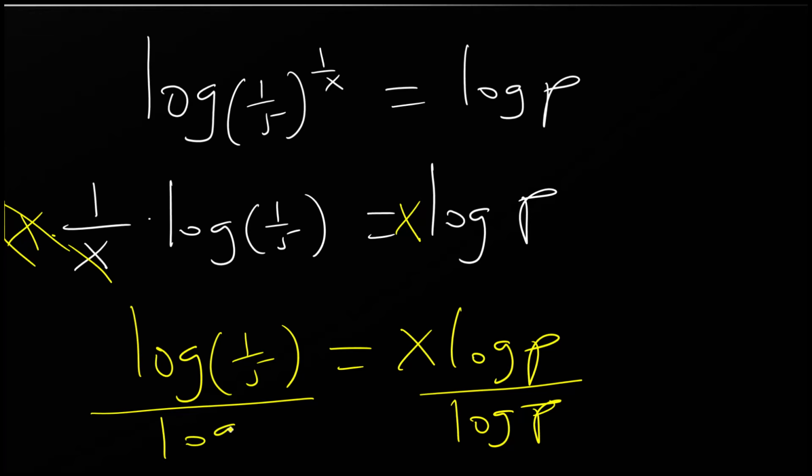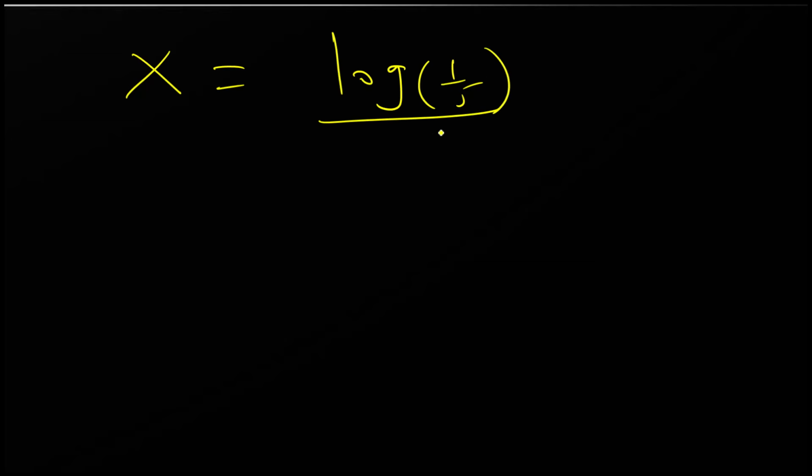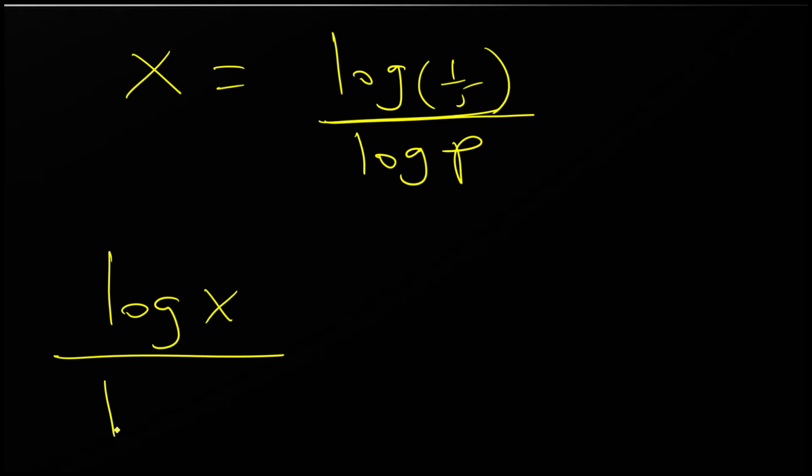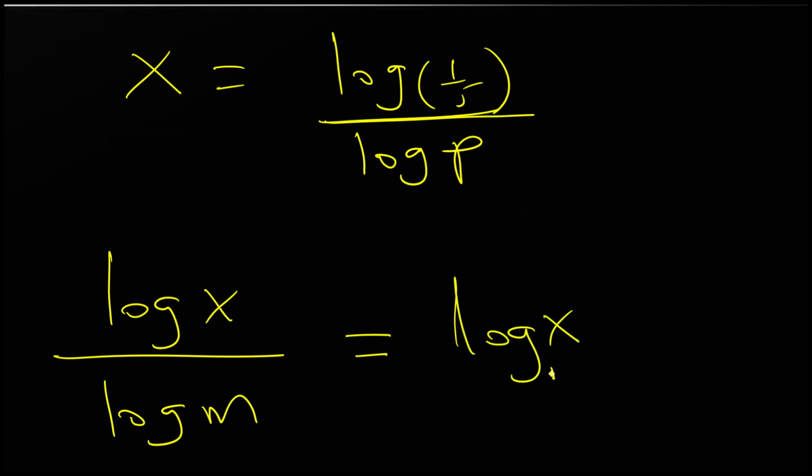So we have x equals log 1 on 5 on log p. Now when you have log x on log m, it is the same as log x to base m.